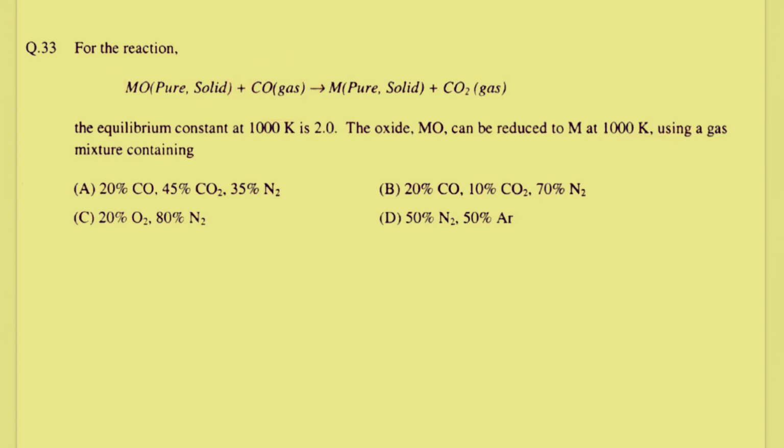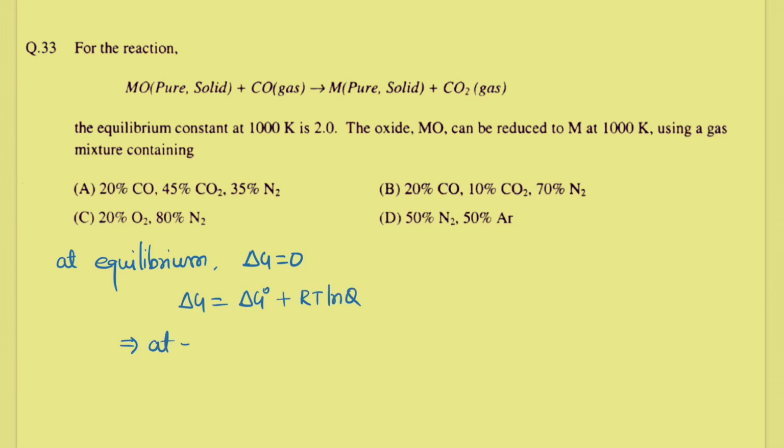So basically we know that at equilibrium delta G is equal to 0, and we know that delta G equals delta G naught plus RT ln Q. At equilibrium delta G is 0, so this equation number 1 will change to delta G naught plus RT ln K equilibrium.